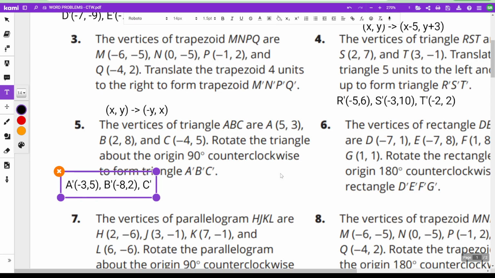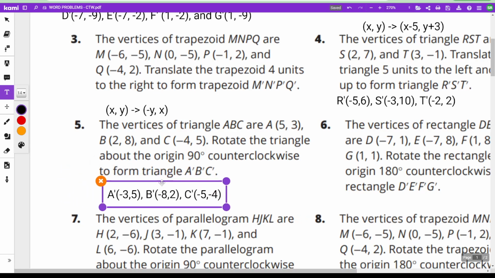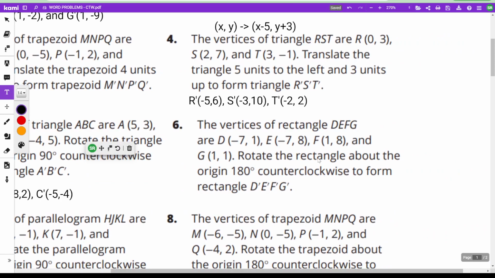C prime. The 5 becomes negative, and the 2 coordinates swap positions. That's -5, -4. Okay, they switch positions, and the y coordinate is made negative. Okay, there we go. Moving on.